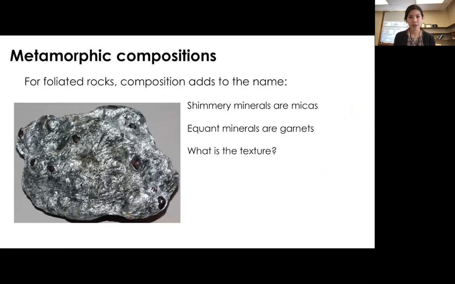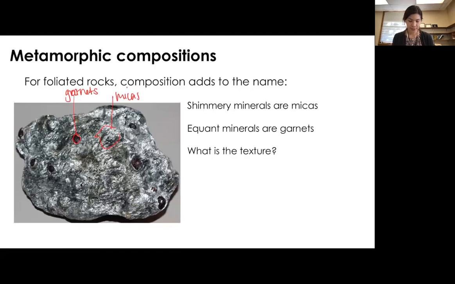All right, how about this rock here? We have the shimmery minerals that are micas, and we have some equant garnets. So what texture is this, and what would be the final name?